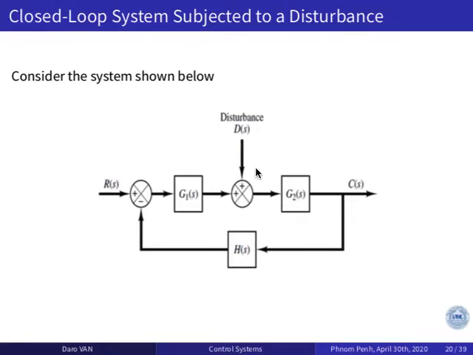Nothing is perfect in the real world, and there are two types that can be considered, or maybe more: internal disturbance and external disturbance. Internal disturbance comes from the actuators, maybe friction, thermal conductivity, or something.